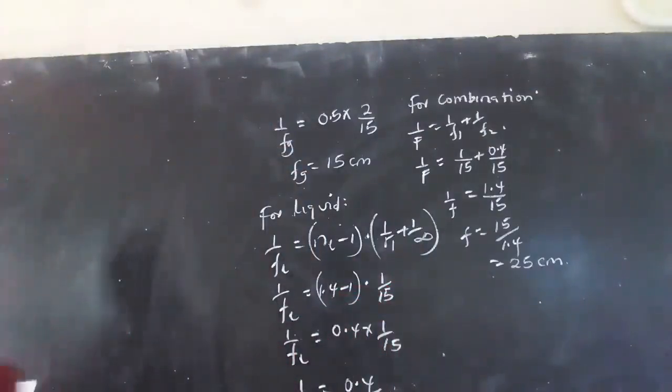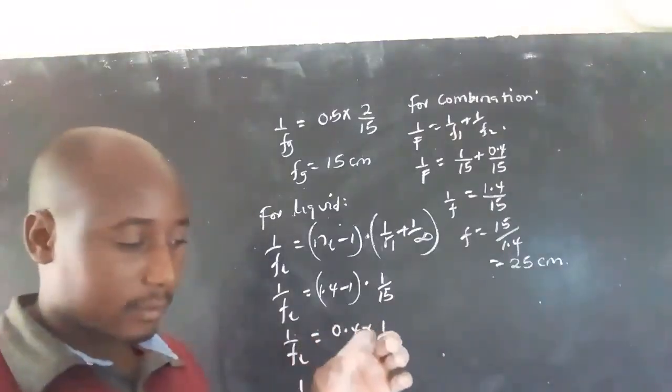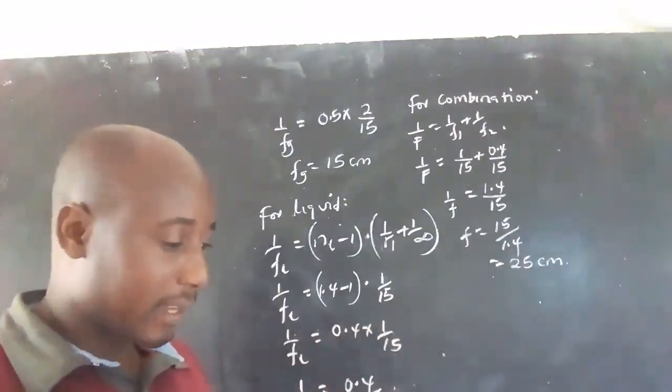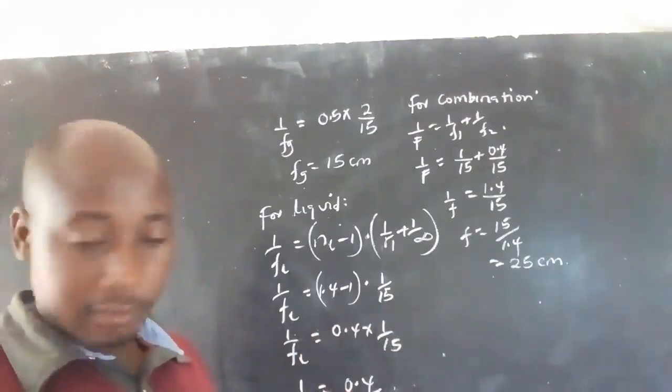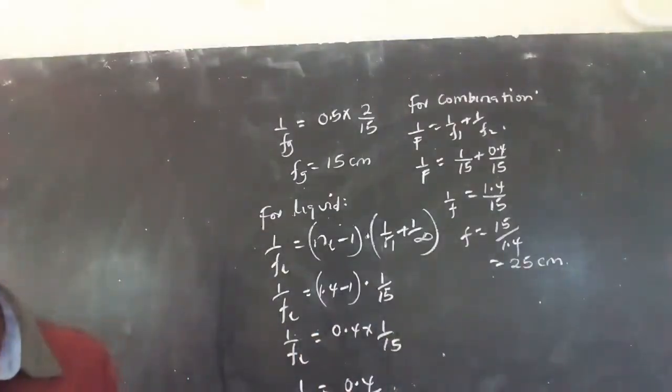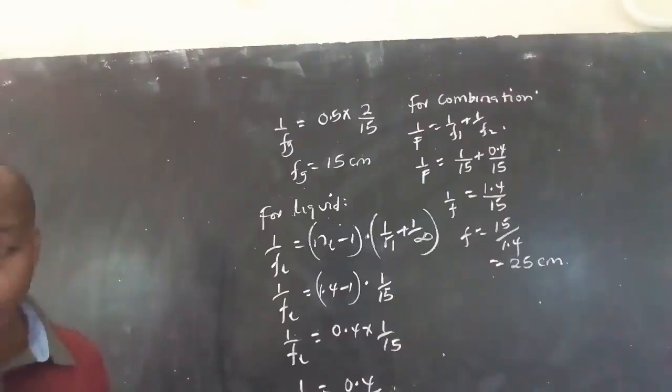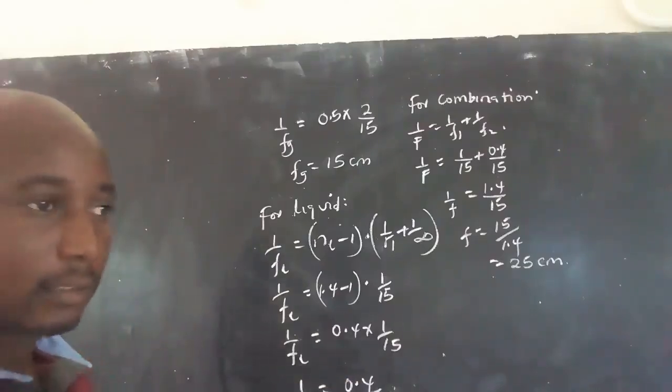Example number 2 says a thin equiconvex lens of refractive index 1.5. So they've given us the refractive index. I hope you remember, if we say equi, what is the shape of that glass? Equi means that both sides are equal.